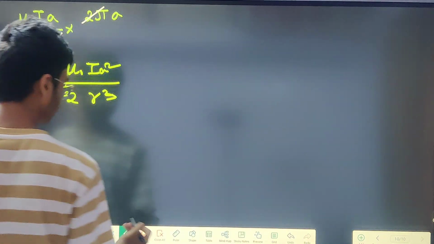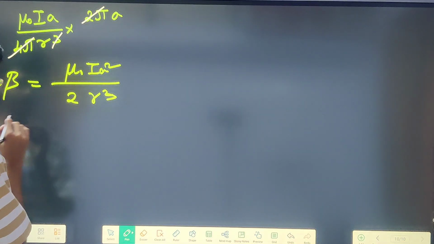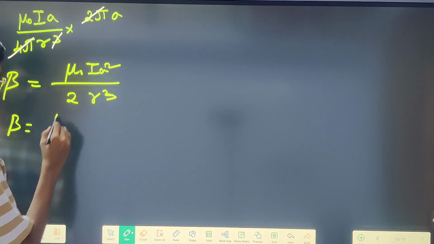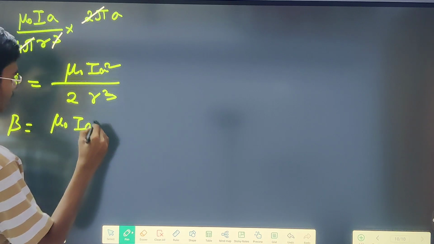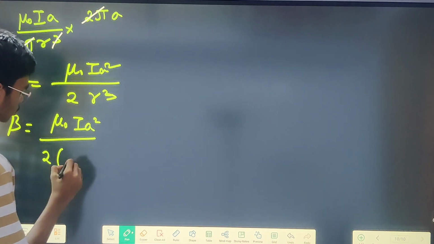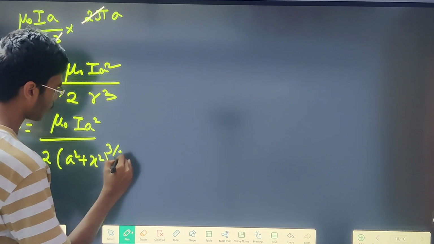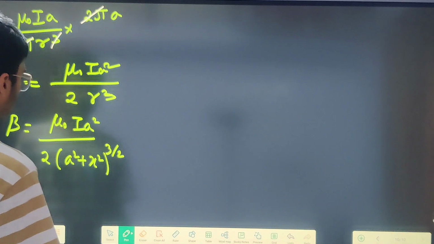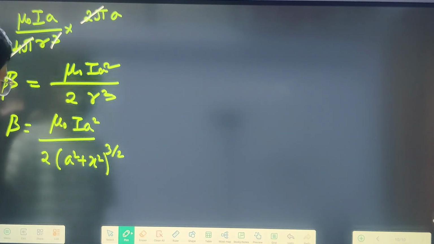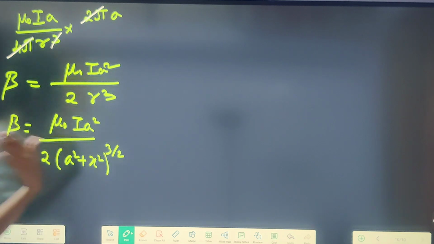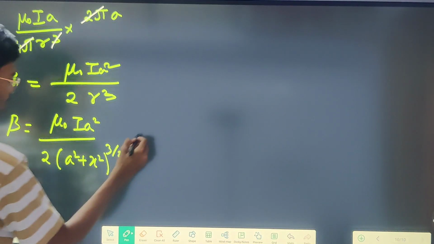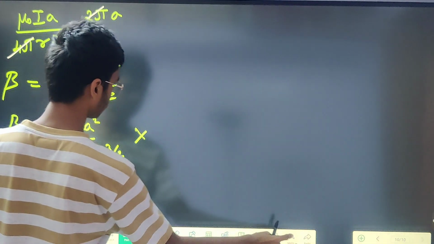Here in place of this, I can write B is equal to mu naught I A square by 2 into A square plus X square to the whole power of 3 by 2. Okay, I've got this equation. Now for n number of loops, that means for many loops, you have to multiply this total equation with n.